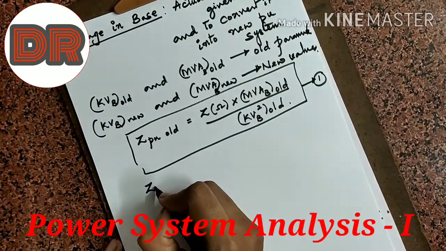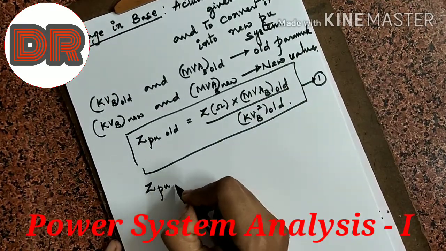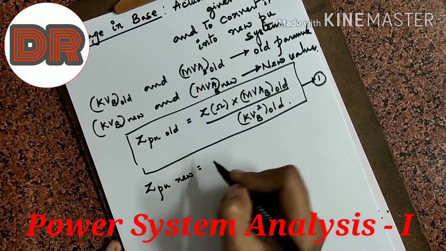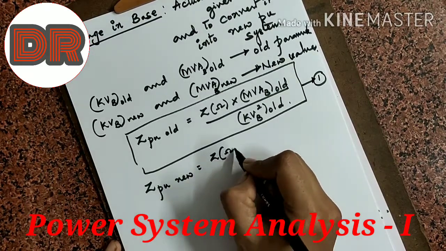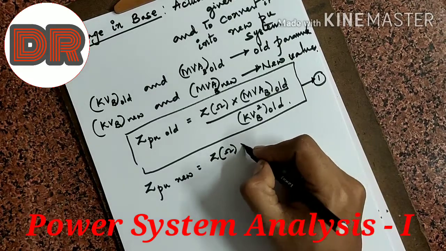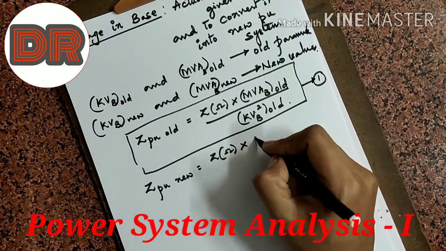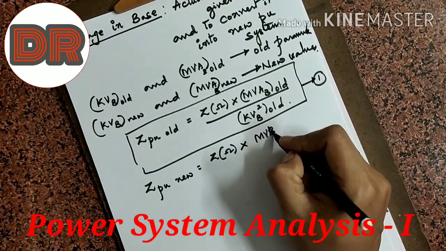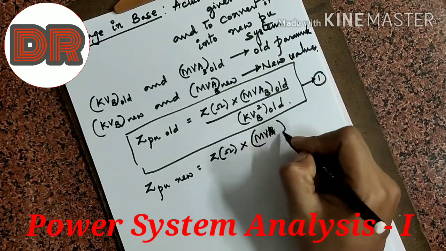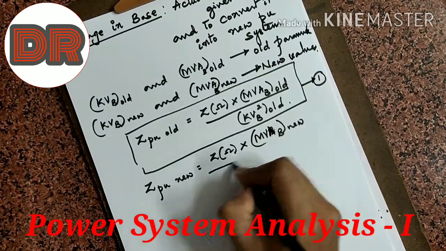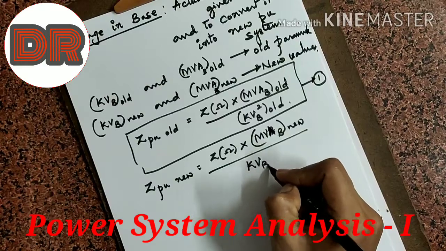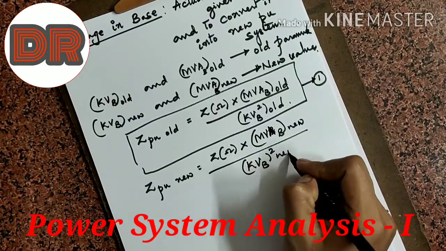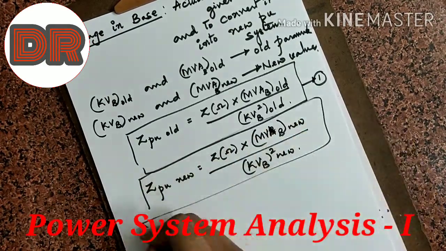Similarly for the new parameters, Z per unit new is equal to Z in ohm, that is the same value, into MVA base new divided by kV base new square. Let this be the second equation.